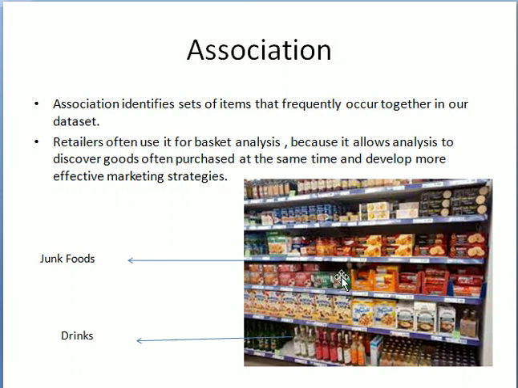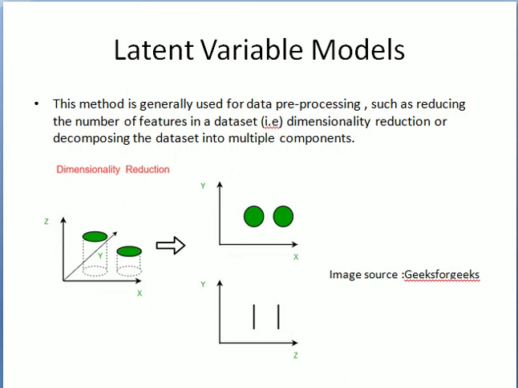And the latent variable methods. The picture I have taken is from Geeks for Geeks, and I'll explain these kinds of algorithms in future sessions. As of now, let us consider this image alone. This method is generally used for preprocessing techniques like dimensionality reduction and decomposing the data. Where does dimensionality reduction come in?